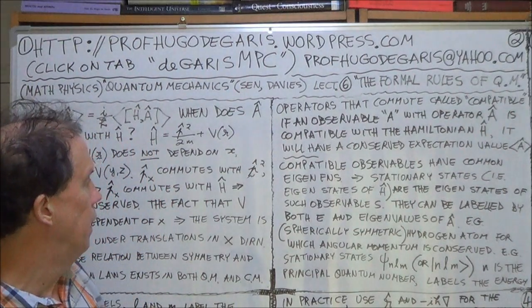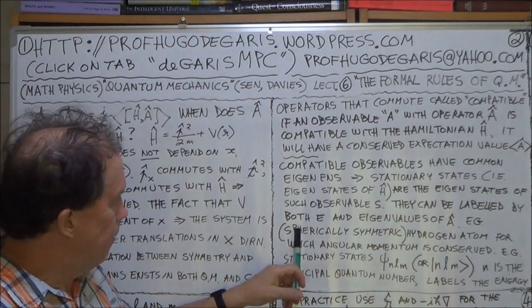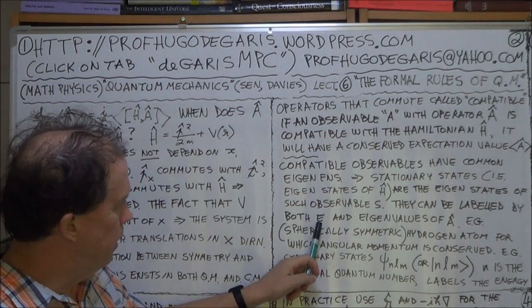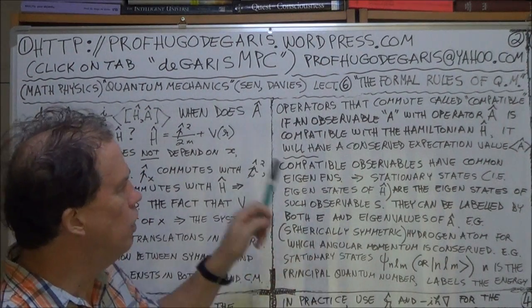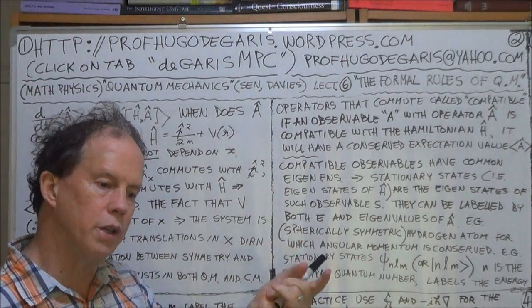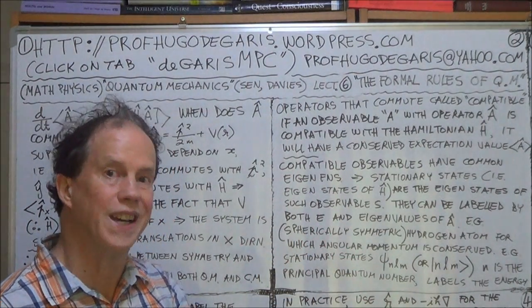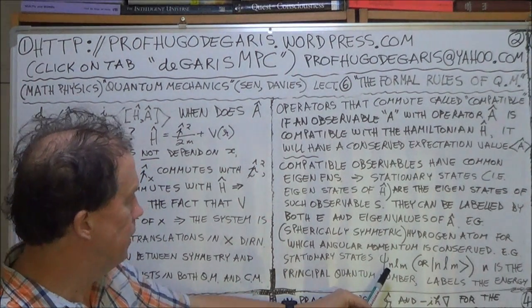Right? All right. So here's your observable energy, and you can label this common eigenstate that's shared between observables E and A in the following kind of way.